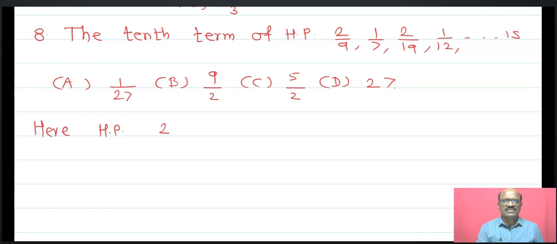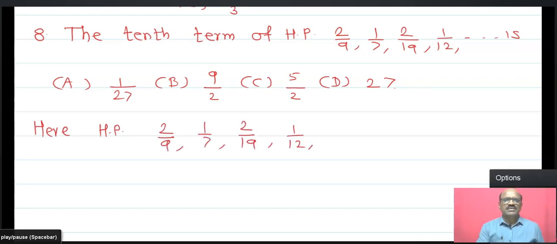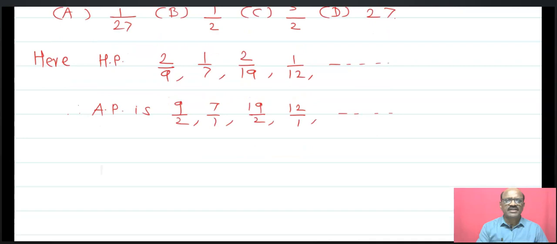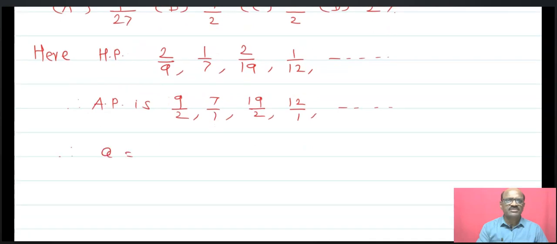See, in this case, that is HP: 2 upon 9, 1 upon 7, 2 upon 19, 1 upon 12. And we can convert it into an AP, taking the reciprocal of all the terms, that is 9 upon 2, 7 upon 1, 19 upon 2, 12 upon 1.